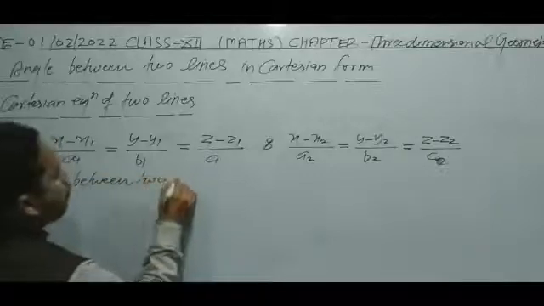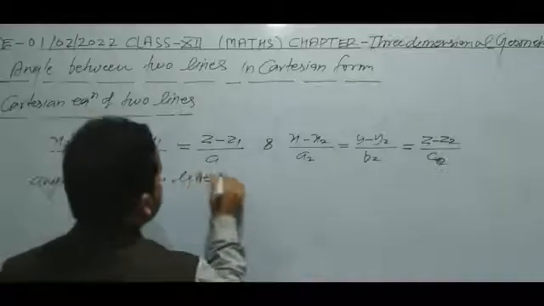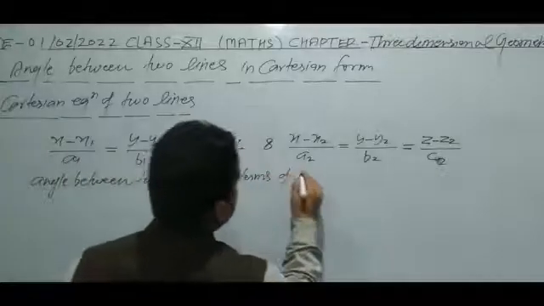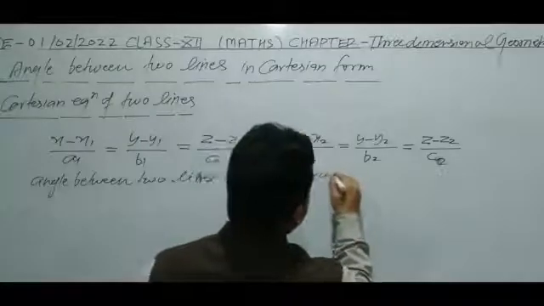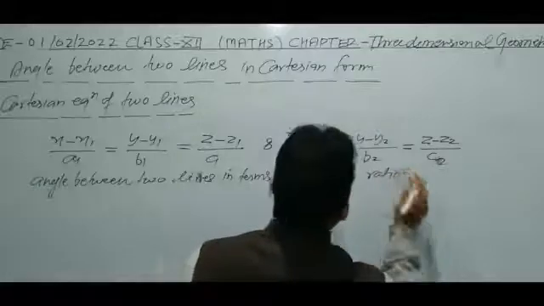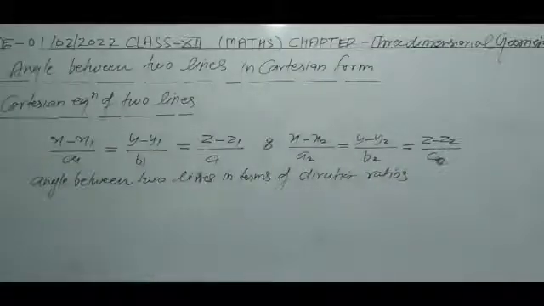Angle between two lines in terms of direction ratios. What we can write?